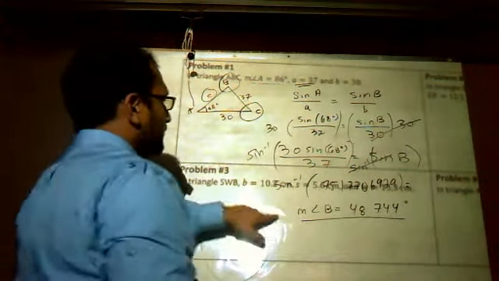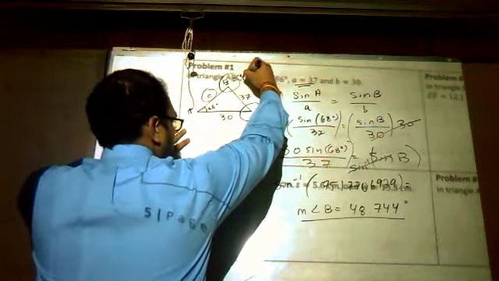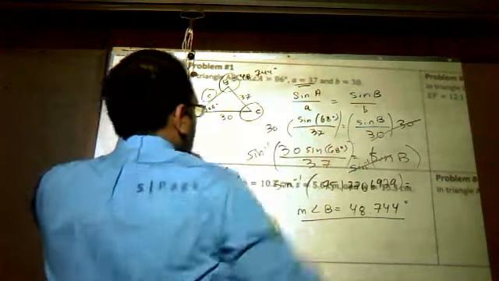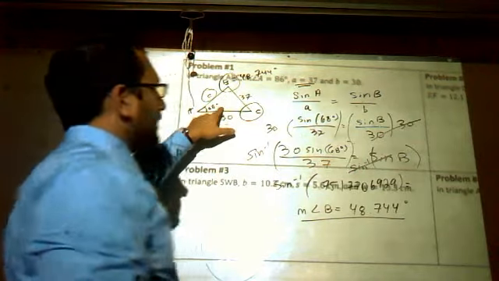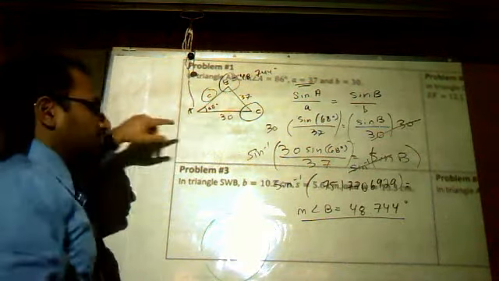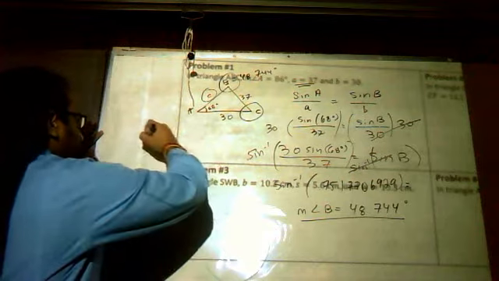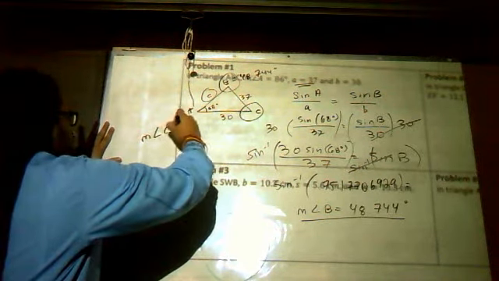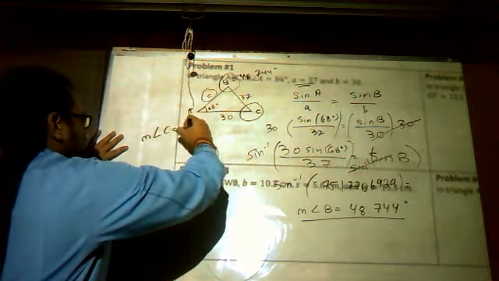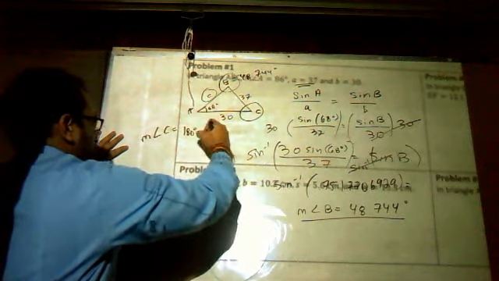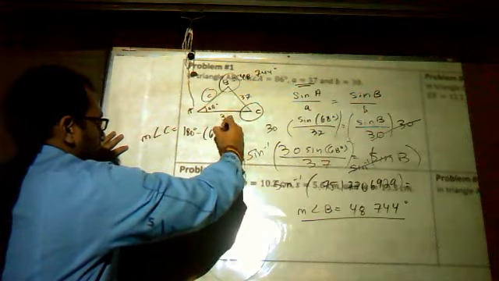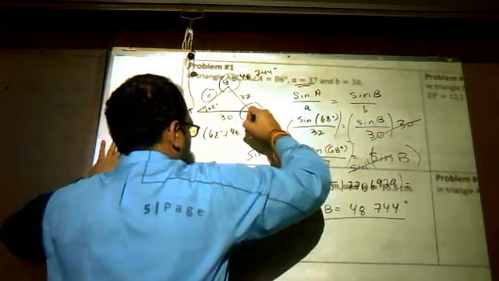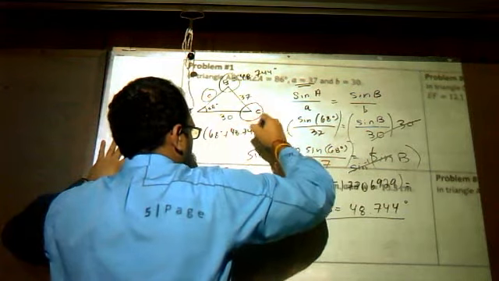So if we have angle B to be 48.744 degrees, how am I going to solve for angle C? Well, if I have two of the angles in my triangle, can I solve for the third angle? Yes, I can. The measure of angle C is going to be equal to 180 degrees minus the sum of my two angles, 68 degrees plus 48.744 degrees.